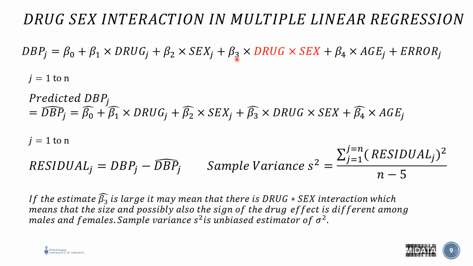In this case, your predicted decrease in blood pressure is going to be equal to the intercept, drug, sex, the interaction of drug and sex, and age. So we now have 1, 2, 3, 4, 5 parameter estimates, so in our sample variance, we're going to divide by n minus 5.